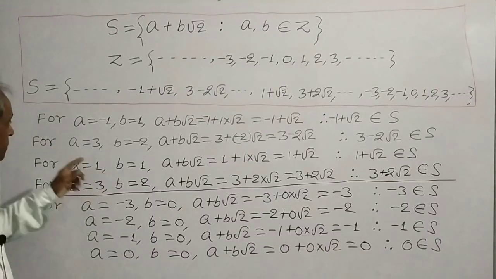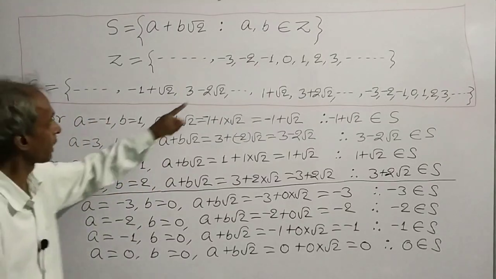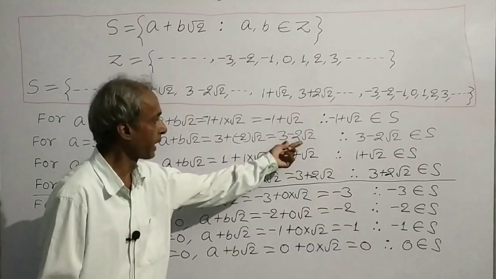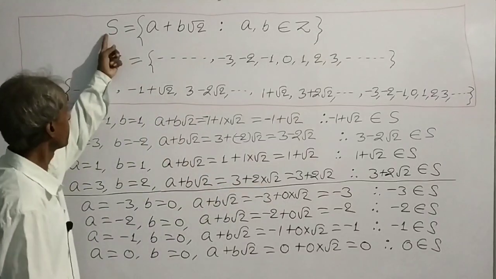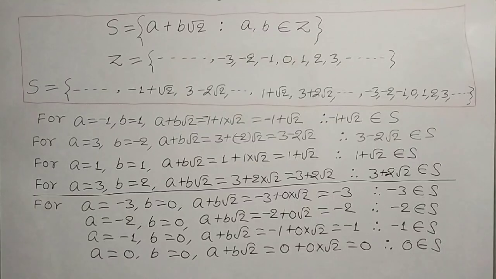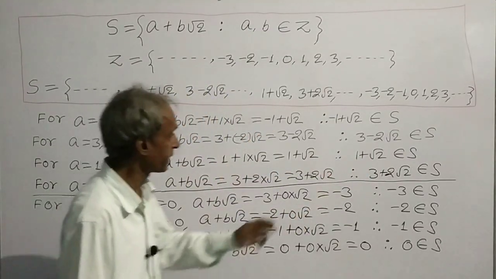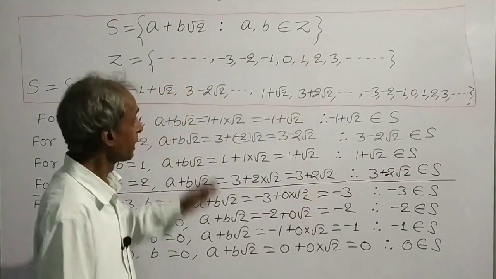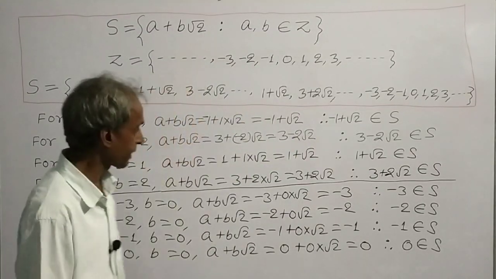Similarly, when we put a is equal to 3 and b is equal to -2, then a plus b root 2, 3 minus 2 root 2, will also be present in this set. Similarly, 1 plus root 2 will also be present in this set. 3 plus 2 root 2 will also be present in this set. In this way, many more numbers will be present in this set.